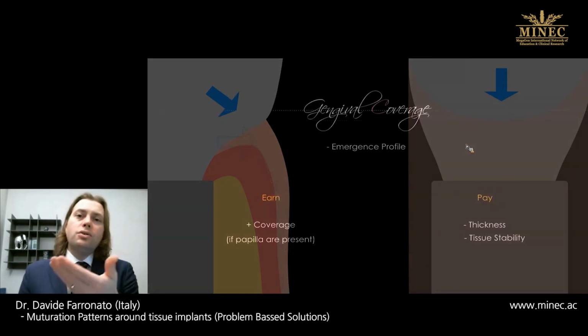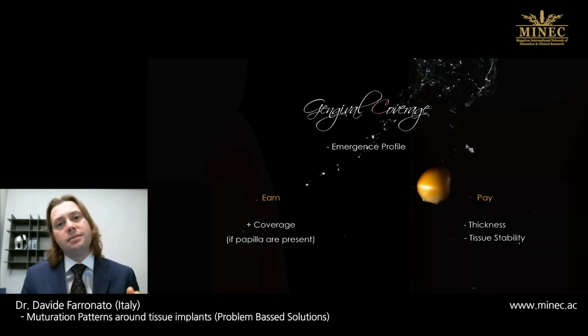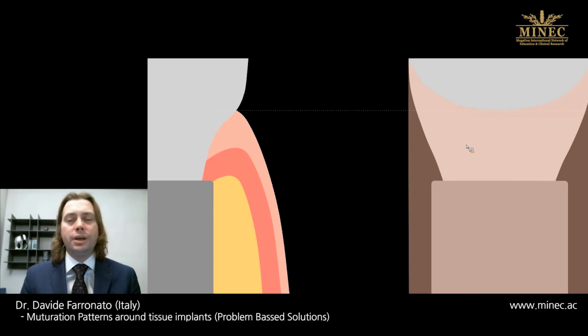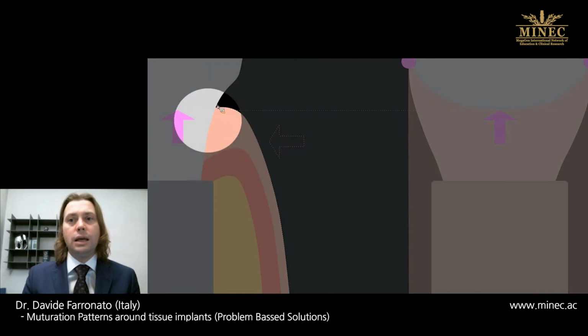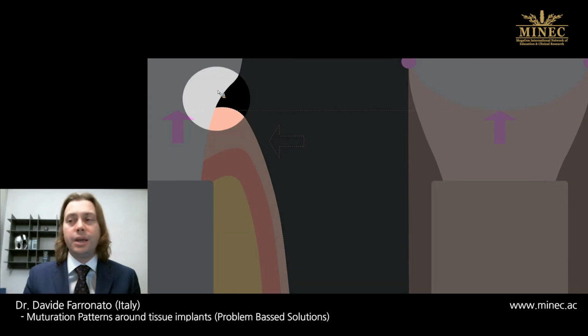But if you reduce the emergence profile, tissue might go coronally, creeping on top of the tooth. So if you want the tissue to go up, you can. You have to reduce the volume inside the tissue, let it collapse inside and protect a little bit higher.